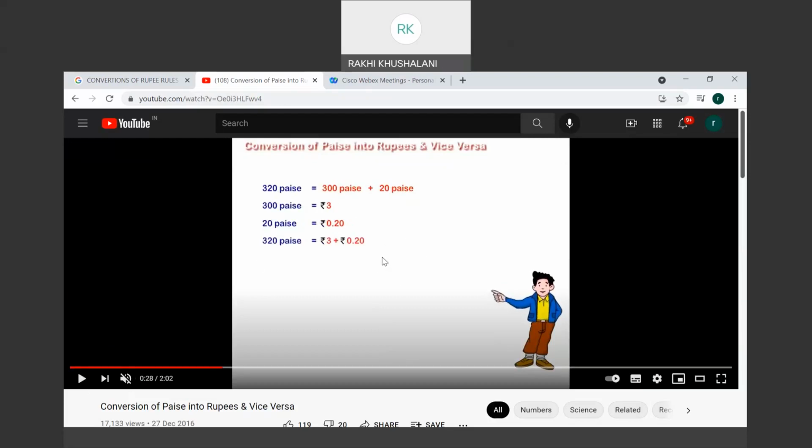I just pause here. How did you get 20 paise as 0.20? You all have already done decimals. The chapter was already done in evaluation 1. So 0.20, that is 20 divided by 100, gives me 0.20.